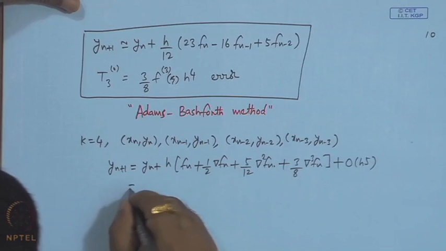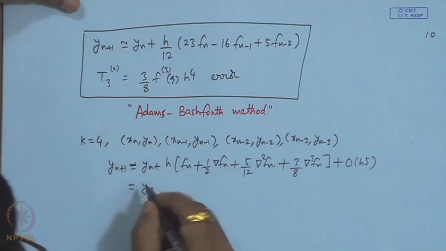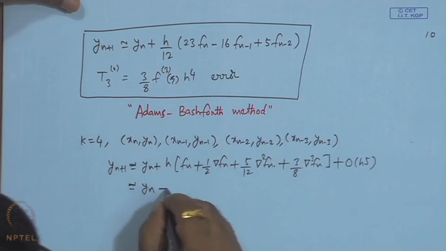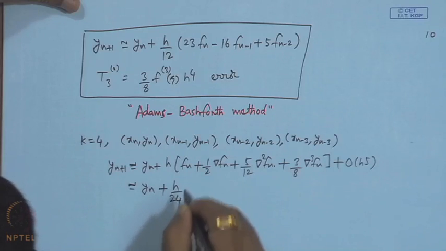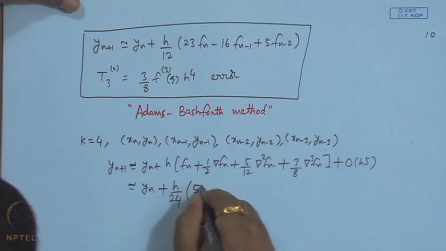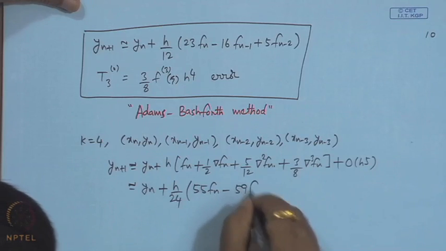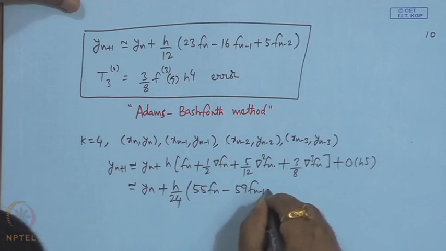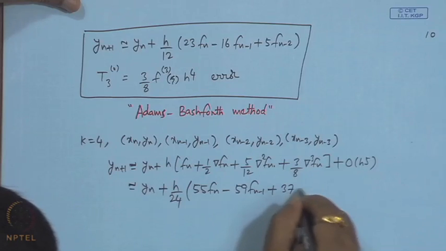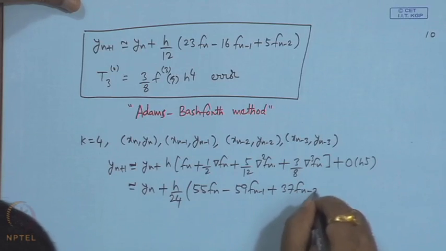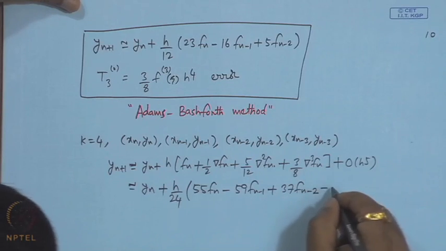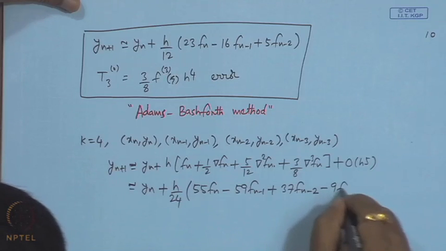So, this on simplification: 55 f n, minus 59 f n minus 1... Coefficients are very big, so computation will be a little tedious.